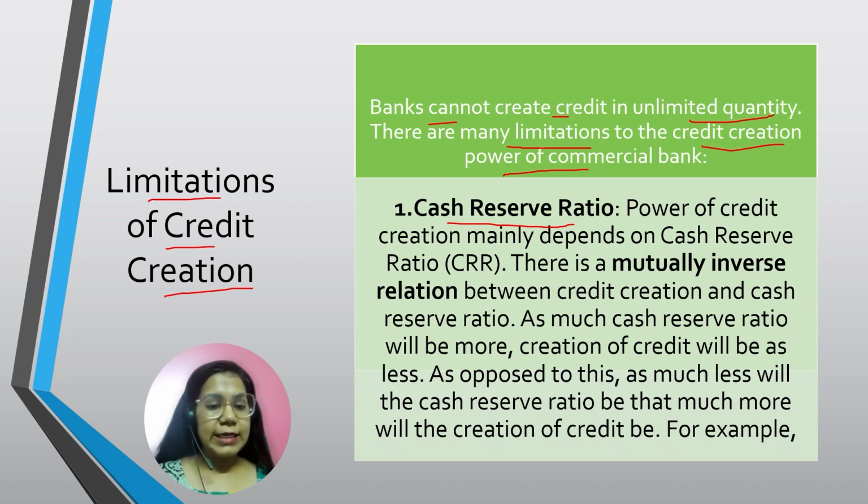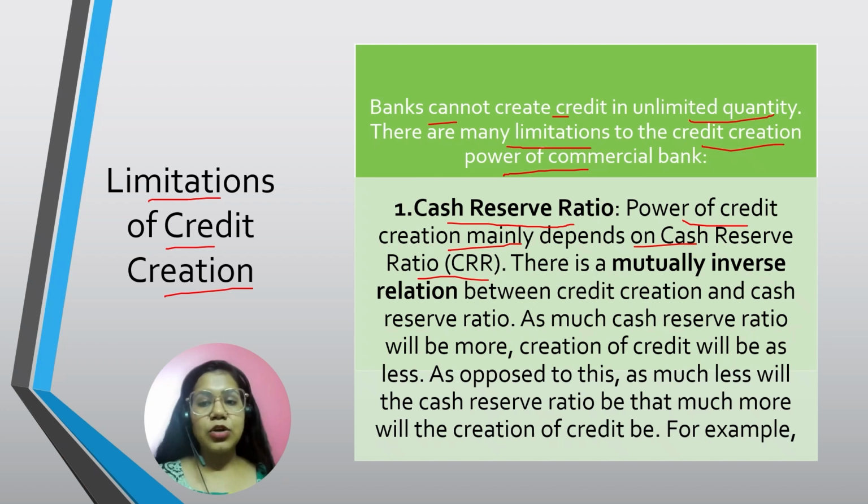Cash reserve ratio is the amount that the banks have to keep with themselves as reserves in case of emergencies, that is, in case there is demand from the public for their cash. So the power of credit creation mainly depends on the cash reserve ratio. We have already seen that the credit multiplier is equal to 1 upon CRR, and hence our credit creation depends on the cash reserve ratio.